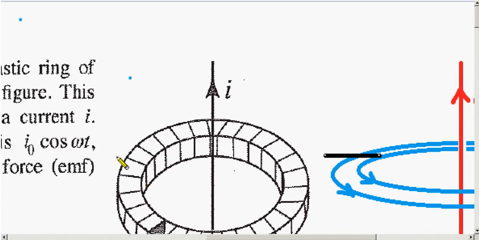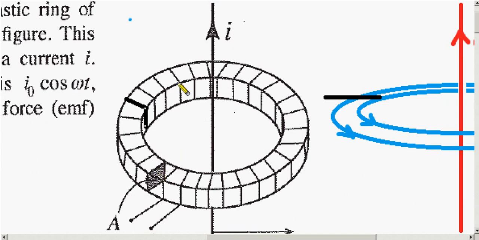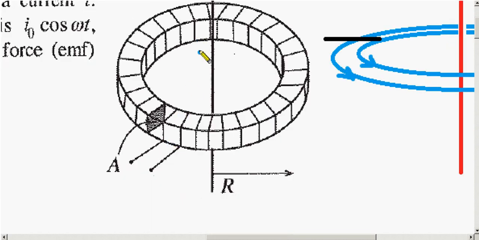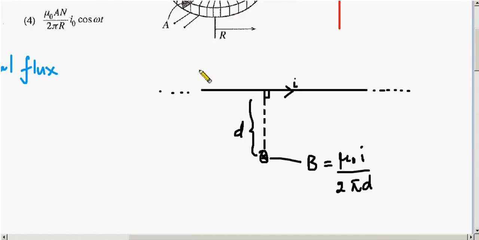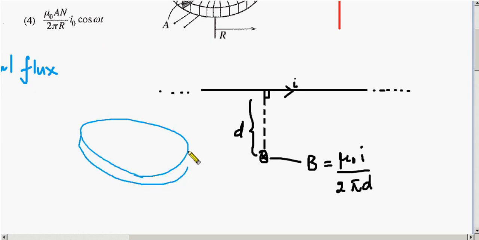Coil means these turns. Some students can't understand what this is, so I have to explain that a little bit also. There is a plastic ring like this, just a plastic ring drawn in 3D form.